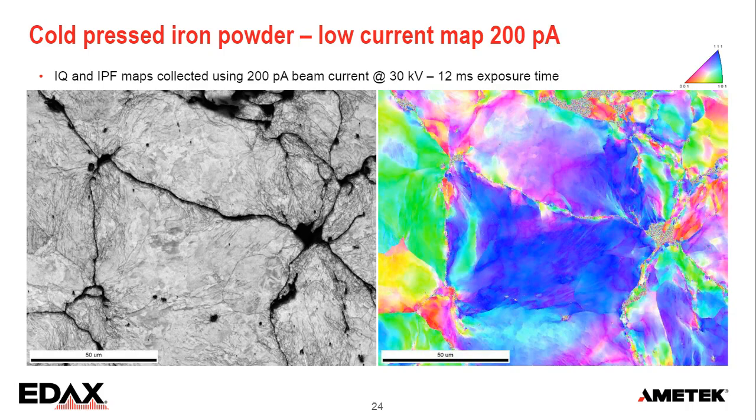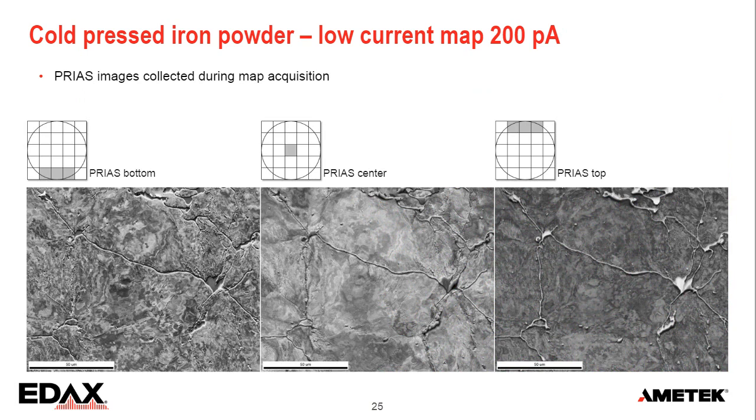If you then look at the other images that you can collect, these are some Prius images that we collect at the same current. When we look at the intensity at the bottom of the detector and just sum that up, not looking at the bands or anything, just the intensity, we get a map where we can beautifully see all the orientation contrast and topography. So all the gaps here between the grains in this cold pressed powder are shown.